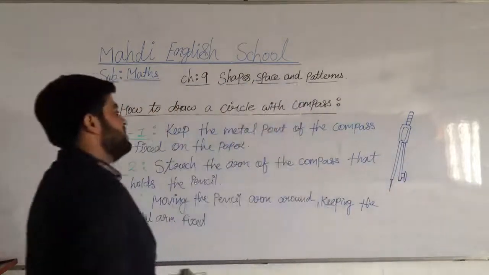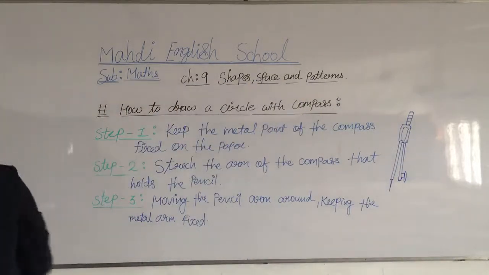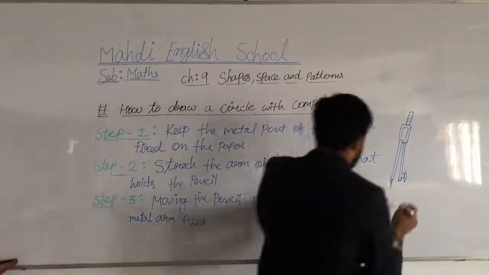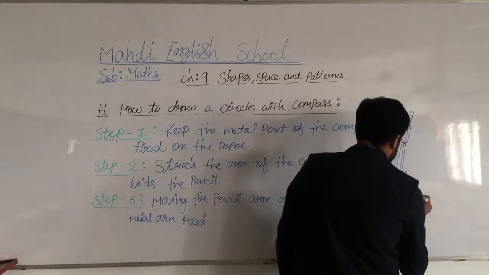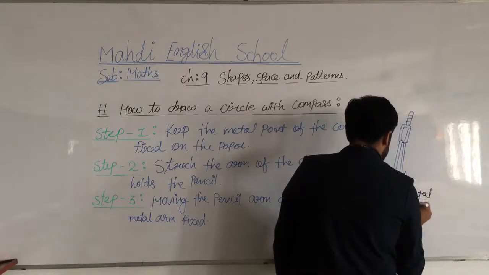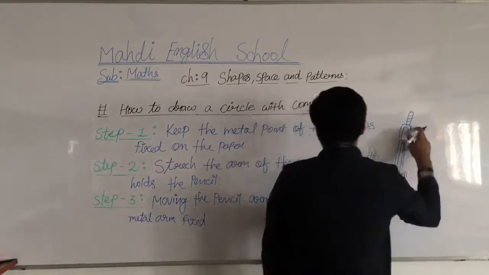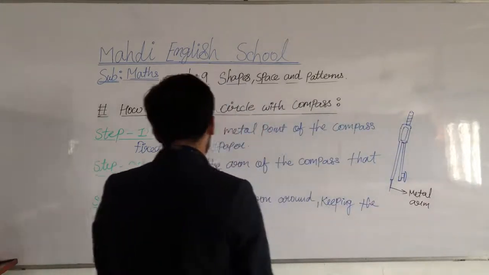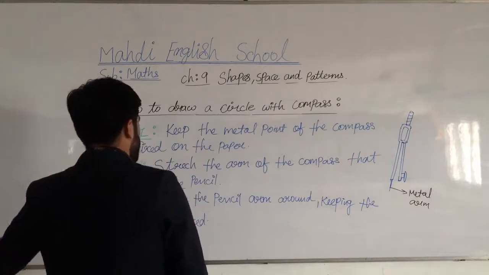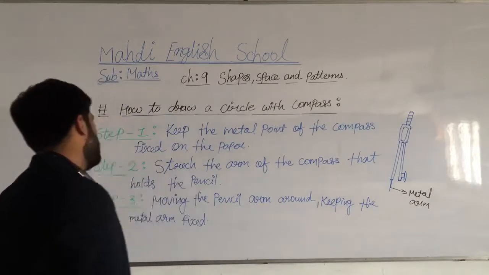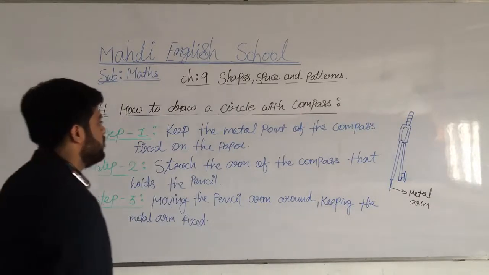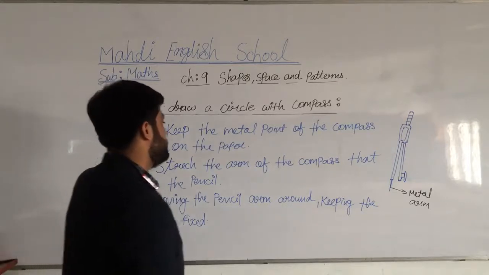Okay, my dear students, see, this is the rounder, and this is the metal arm. What do we call the metal arm? And what is this, my dear students? That holds the pencil. Okay, moving the pencil arm around the metal arm fixed. It's the arm.